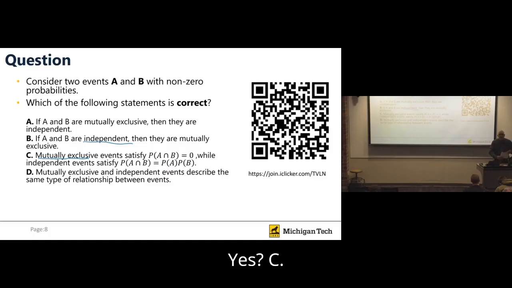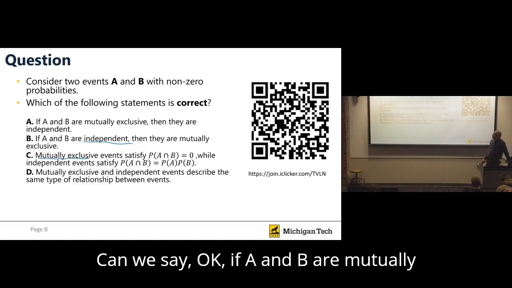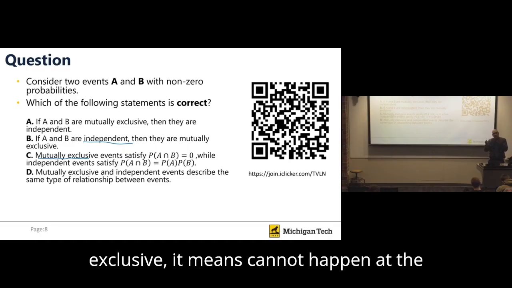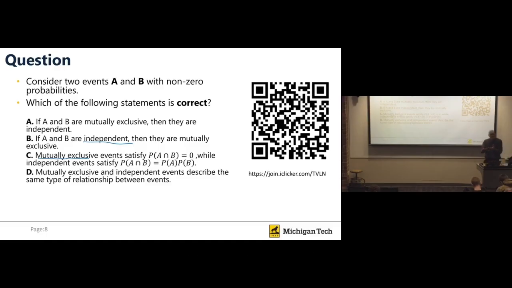Yes? C? Are you okay with C? What about A? Can we say, if A and B are mutually exclusive, it means they cannot happen at the same time, then they are independent? No, it's not always like that.